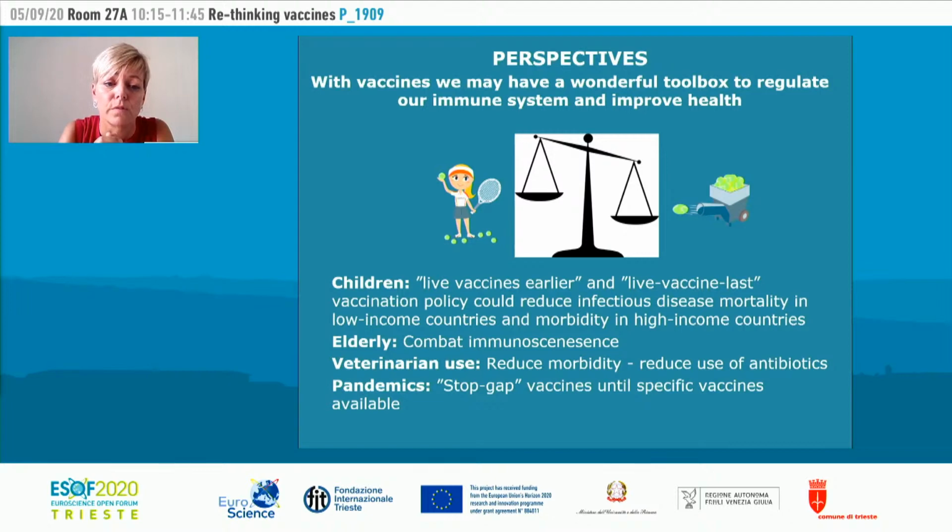And we might also use vaccines for animals to reduce morbidity, reduce the use of antibiotics, and thereby antimicrobial resistance. And finally, as I hinted on, we might already have at hand live vaccines, which can be used as stopgap vaccines until specific vaccines are available in the current pandemic situation and also in future pandemics.